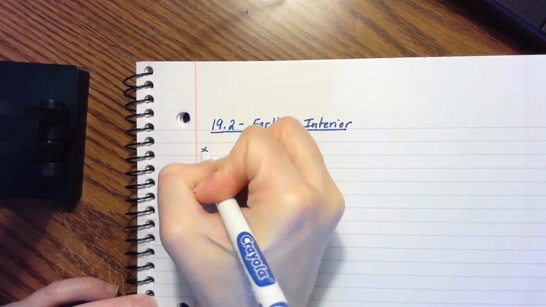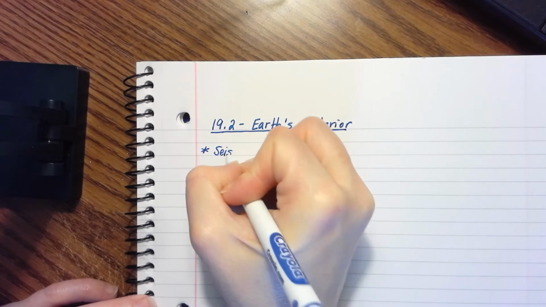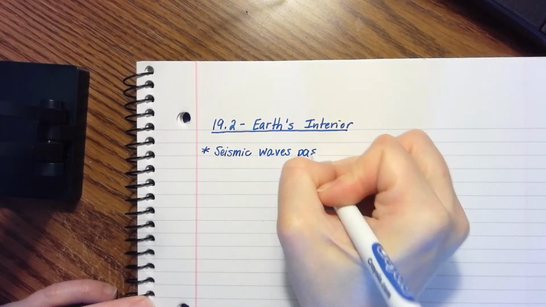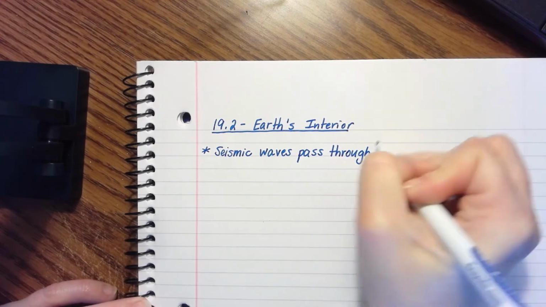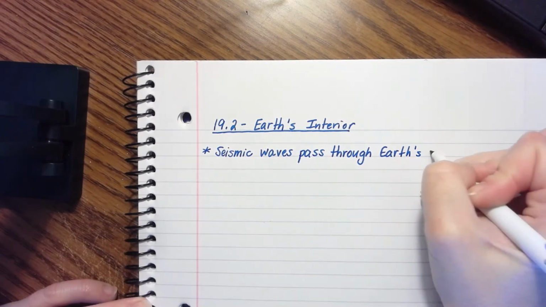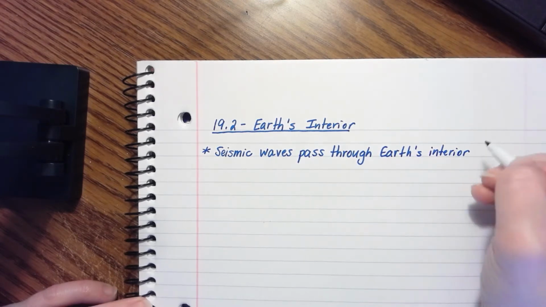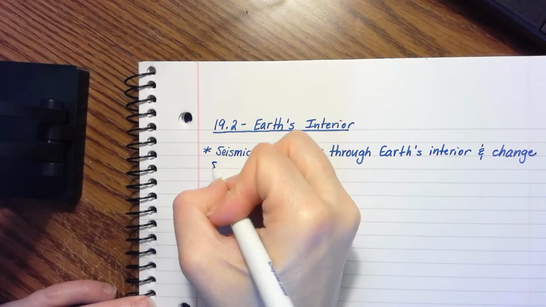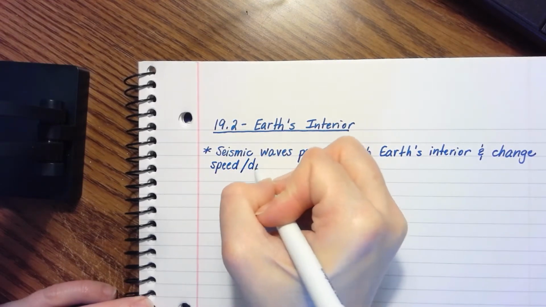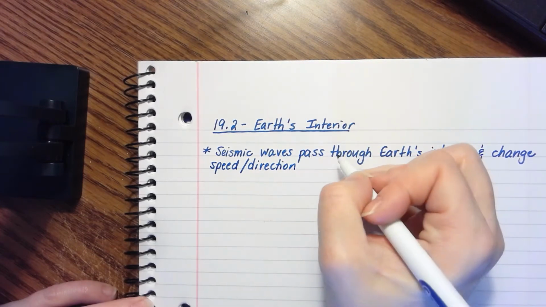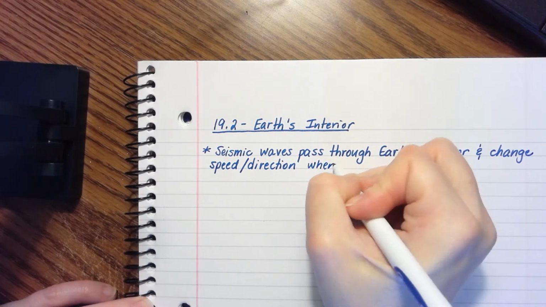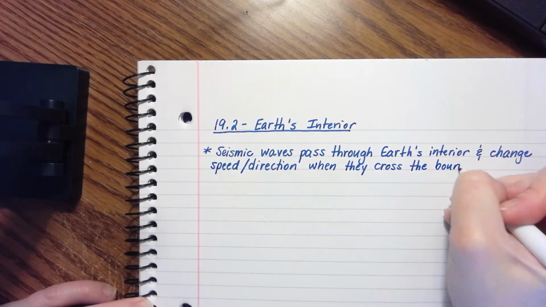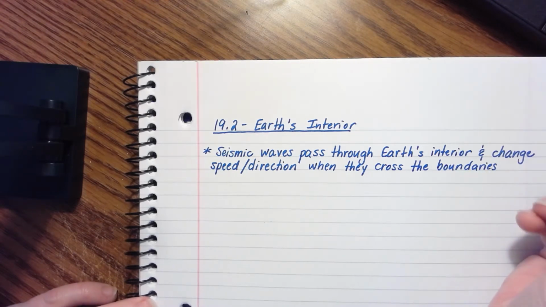So the first piece of information that we got from our text was that seismic waves pass through Earth's interior and change speed or direction or both when they cross the boundaries between layers.